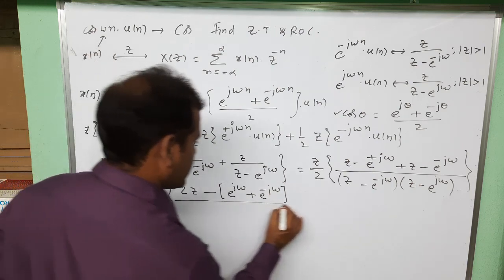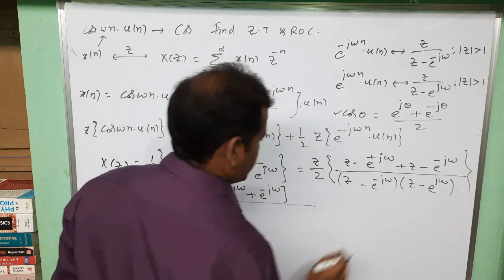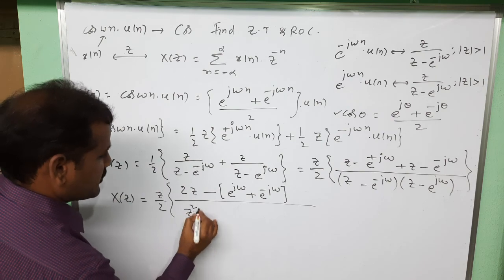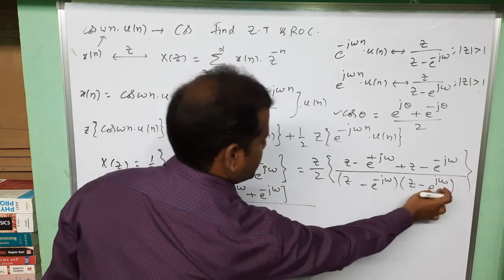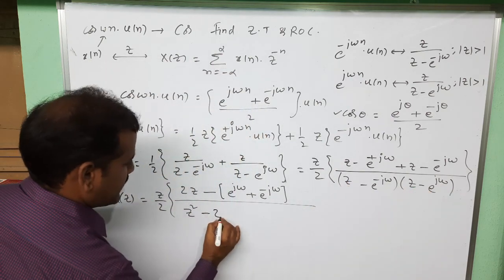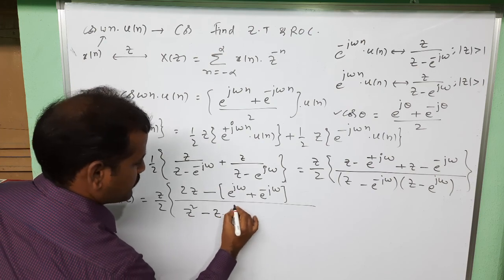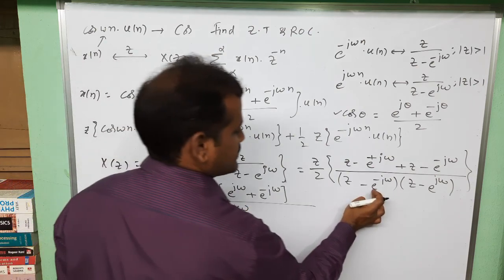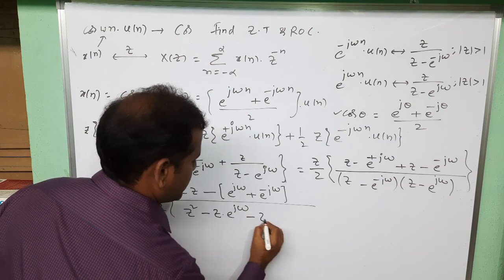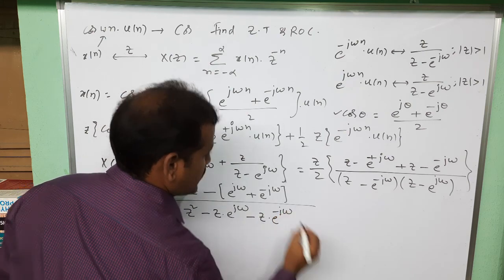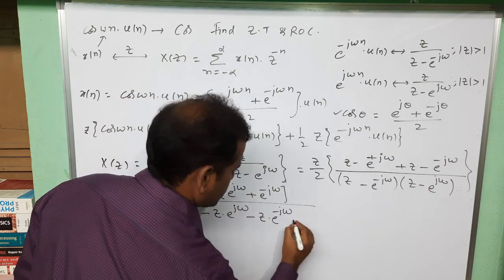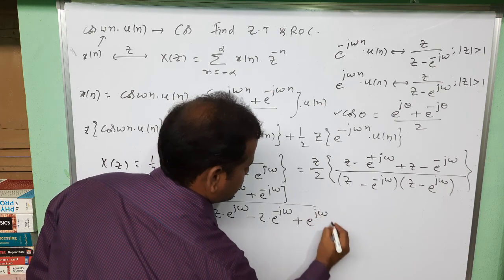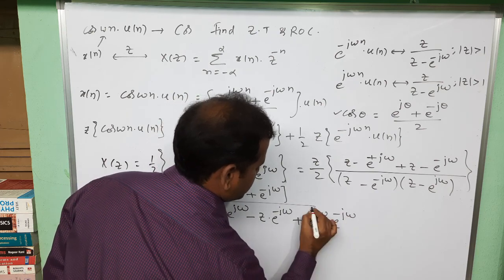And in the denominator, let us multiply these two terms. We will get z square, next z into this one, that means minus z e to the power of j omega, next this multiplication, minus z e to the power of minus j omega, and these two plus e to the power of j omega times e to the power of minus j omega.